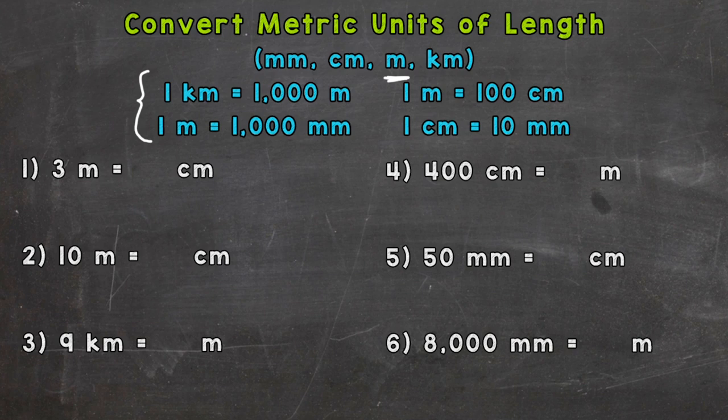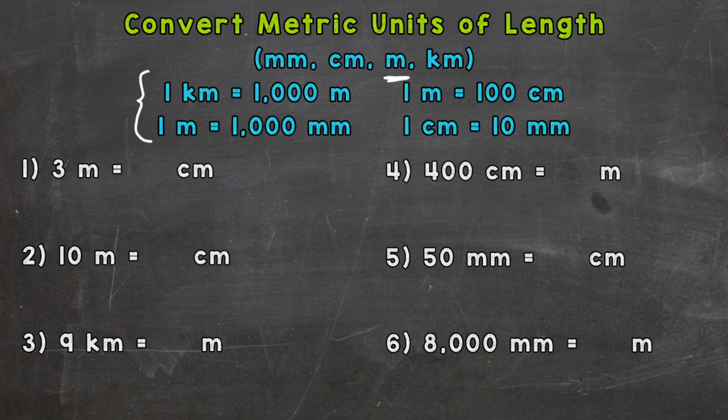Now, as a point of reference here, so we know a little bit about what these units of length mean and represent, a millimeter is about the thickness of a paper clip. So it's a very small unit of length. Not how long that paper clip is, but how thick it is. A centimeter is about how wide the average pinky is, or how wide a staple is.